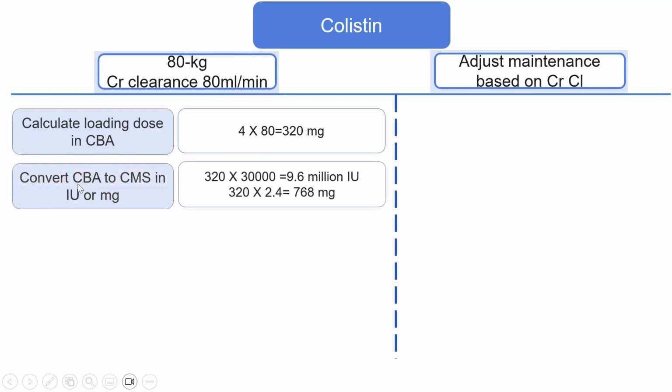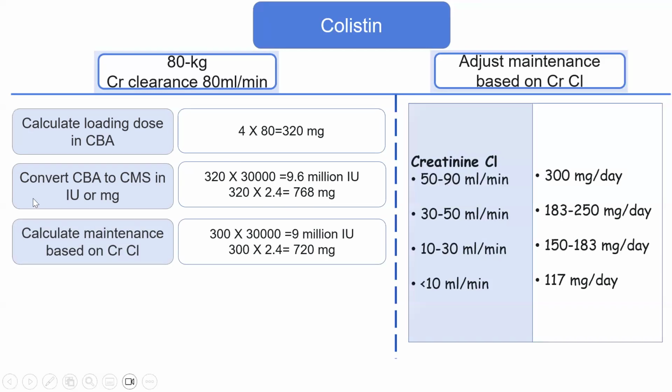Then we convert CBA to CMS. If we have the drug in international units, we multiply 320 by 30,000, so we need 9.6 million international units. Or if we have the drug in milligrams, we multiply this amount by 2.4, so the loading dose is 768 milligrams.